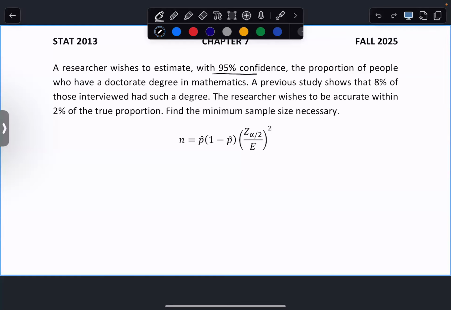So this is 95% confidence, which means Z alpha on 2 will be, alpha is 0.05, divided by 2, we get 0.025.